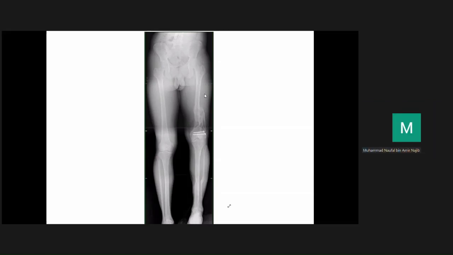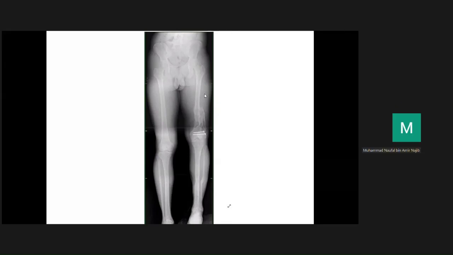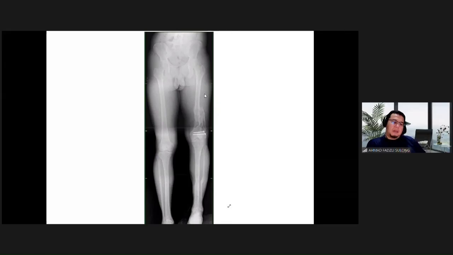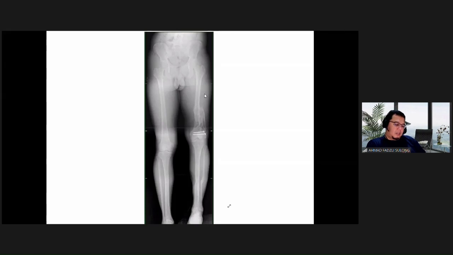Biasa ambil one bone, right? Yes. What type of X-ray is this? And apa fungsi dia kalau kau tahu? This is a long limb X-ray. So what do you think is the reason that we take this type of X-ray?